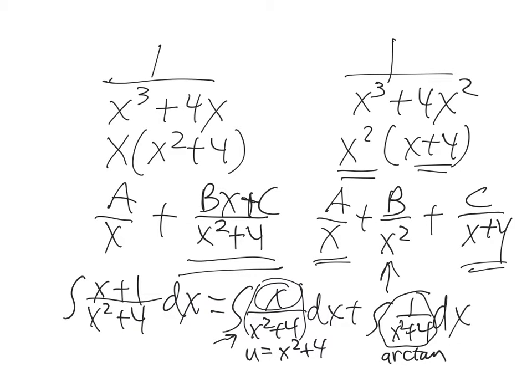And in that case, you can just use the table of formulas for that. With this not being 1, you got your a. Formula says u squared plus a squared in the denominator, so a would be 2 in this case. Make sure you get those in the right places. So. Okay, questions there?